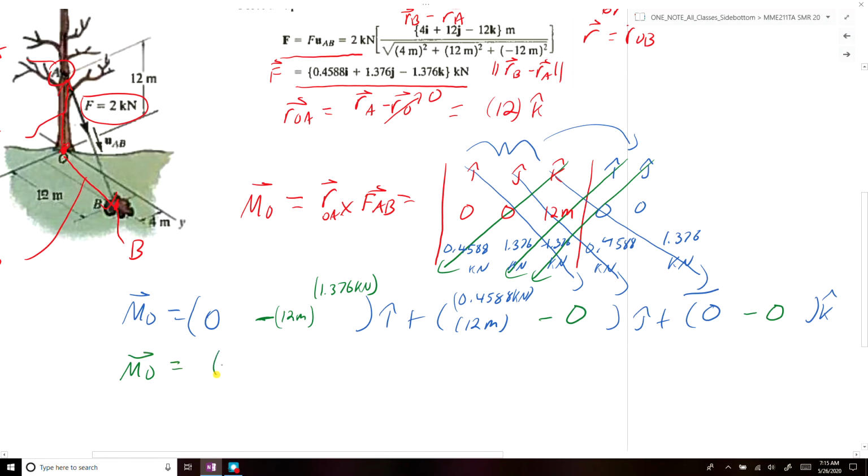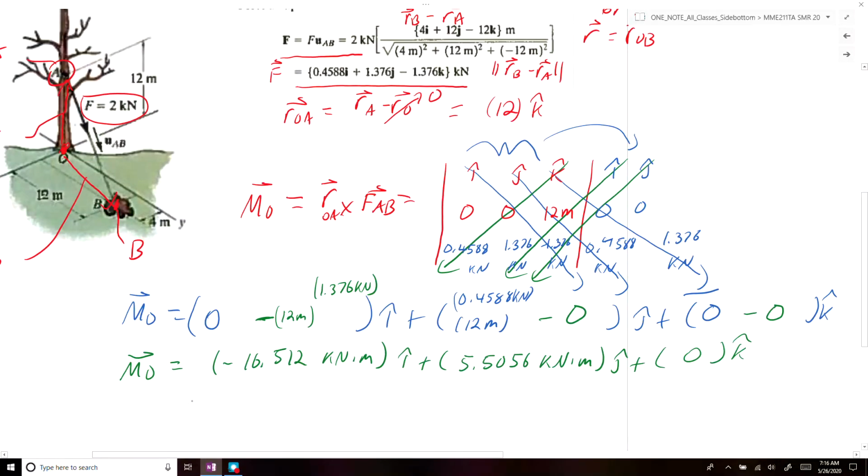So if we multiply everything out, our final moment is going to be equal to minus 16.512 kilonewton meters along the x-axis. The y-axis will be equal to 5.5056 kilonewton meters times j, and there'll be no component along the z-axis.